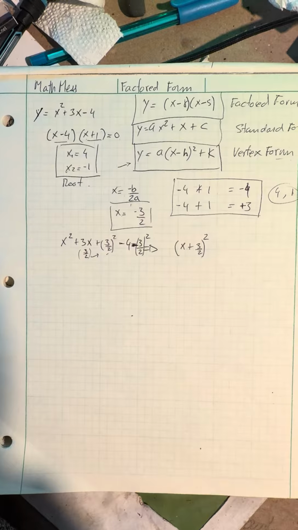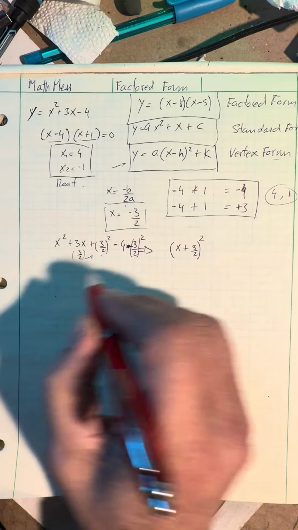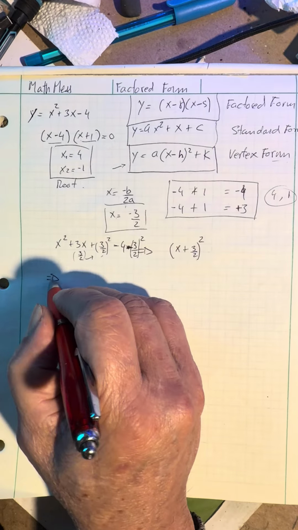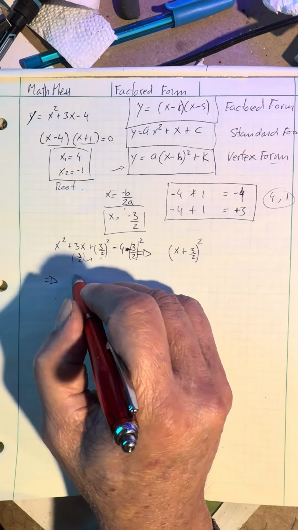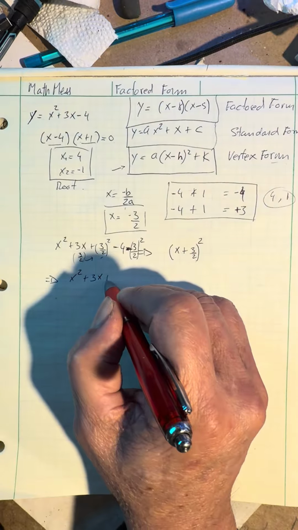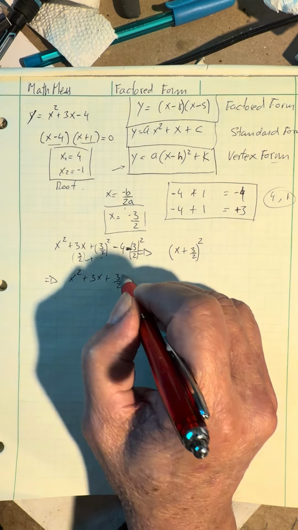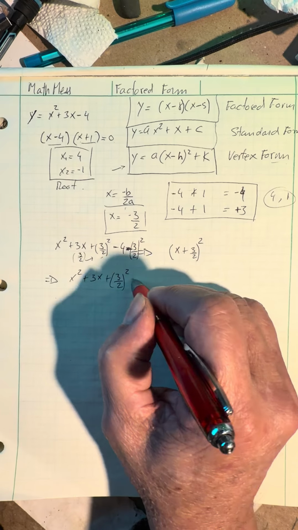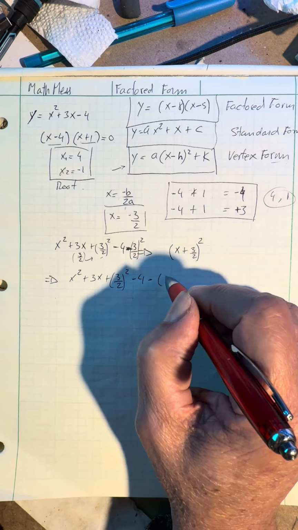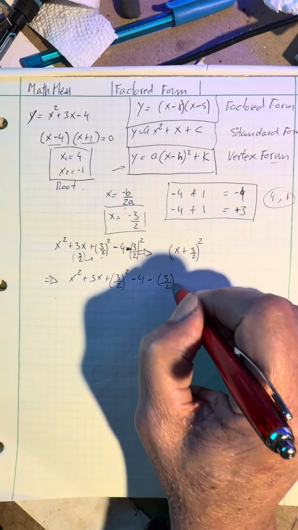So we can rewrite this again as x squared plus 3x plus 3 over 2 squared, minus 4, minus 3 over 2 squared.